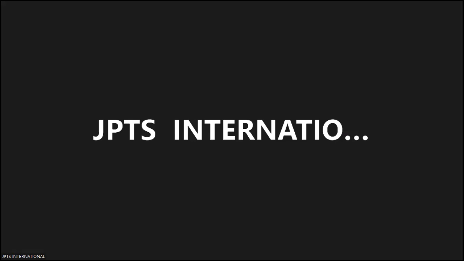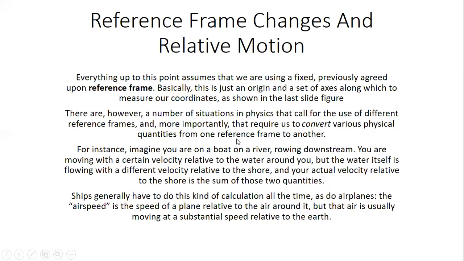All right. So that is what reference frames are all about, and changes with relative motion. Ships generally have to do this kind of calculation all the time. It involves specific calculation.